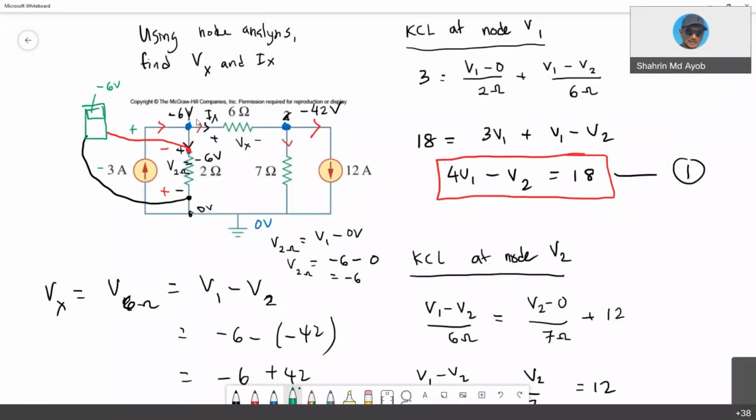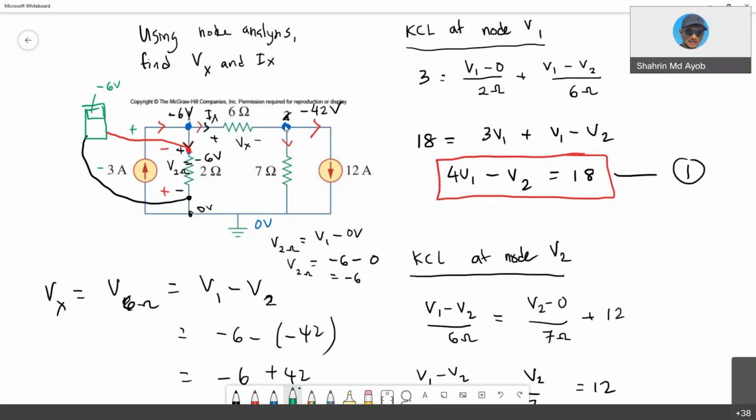But as you can see, it is logical, because usually the current flows from higher potential to lower potential. Right now your higher potential is V1, which is -6, and V2 is much lower. So the current flows from V1 to V2.